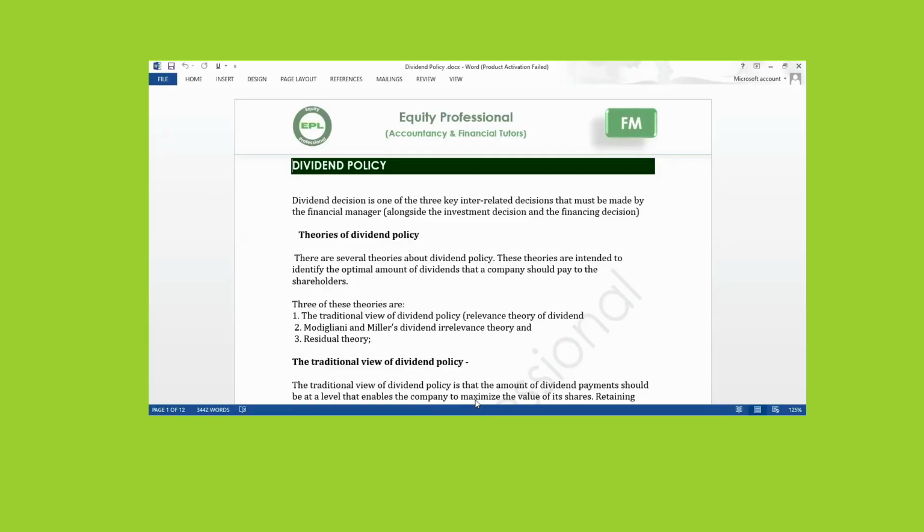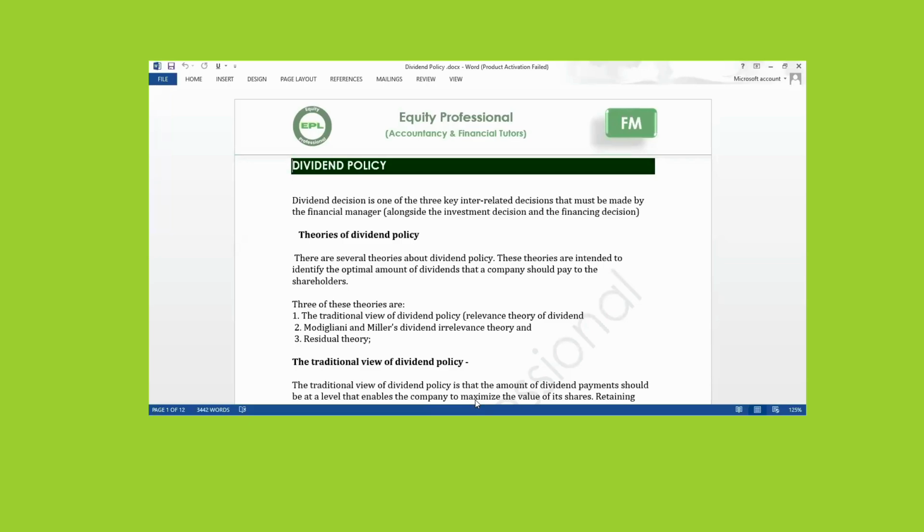What is this topic all about? What is dividends? Do companies need to pay dividends or not?